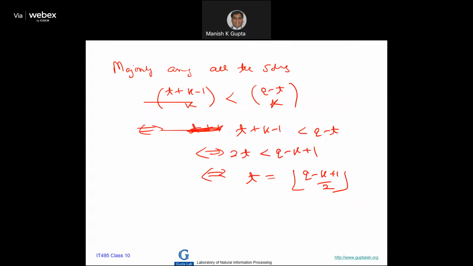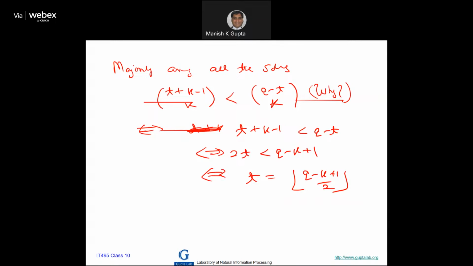Again, I have not given you the reason why, so I ask you why. What I am saying is that there are Q choose K such systems, and T plus K minus 1 choose K of these will give incorrect information symbols.